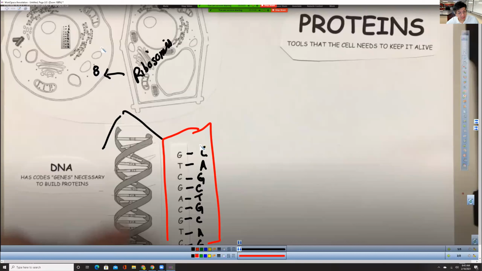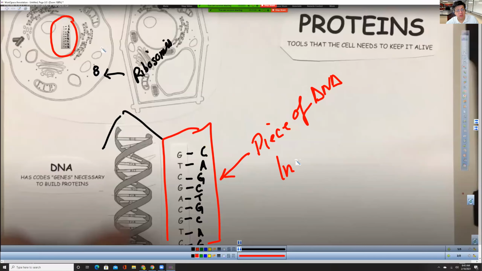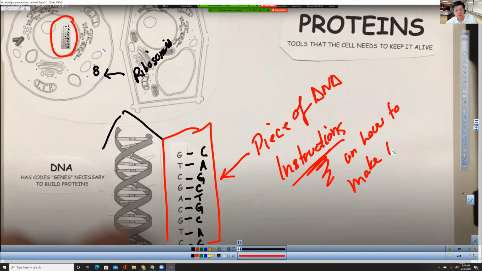This piece of DNA really is in the nucleus. This piece of DNA has instructions. These pieces are basically instructions on how to make the protein.